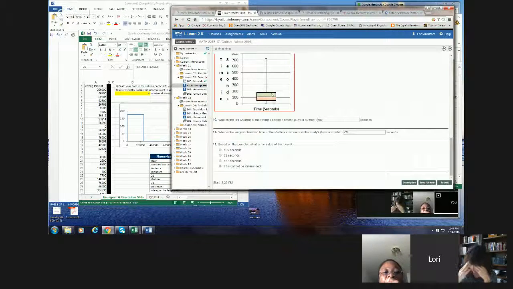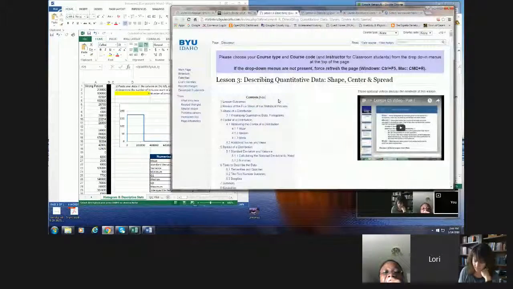So why is he calling that middle line the mean rather than the median? Was he using this same one? Let's make sure. I'm going to go to the lesson really quick and make sure that I'm not telling you wrong.